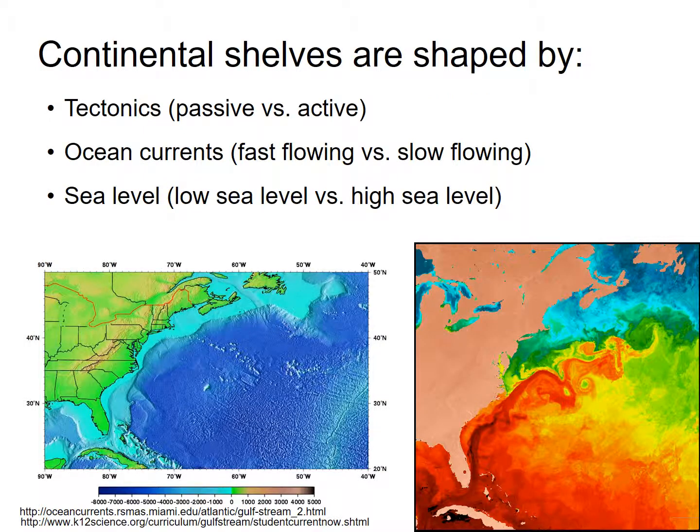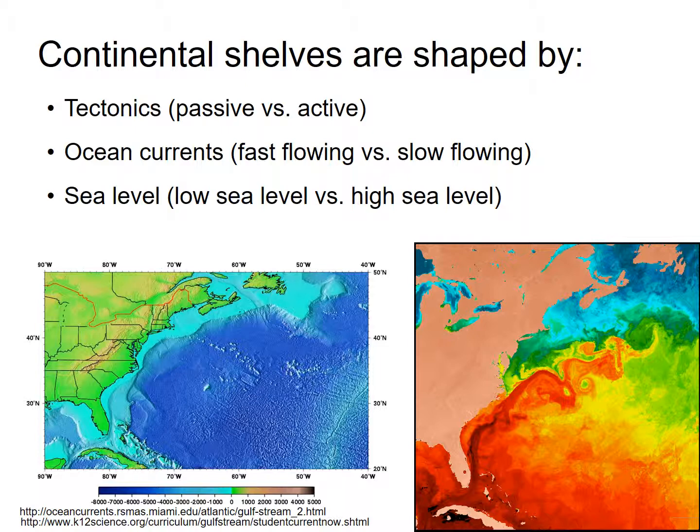So continental shelves are shaped by tectonics. In the previous discussion, we looked at passive and active continental margins. But continental shelves can also be shaped by ocean currents. Fast flowing currents can carve out sediments.